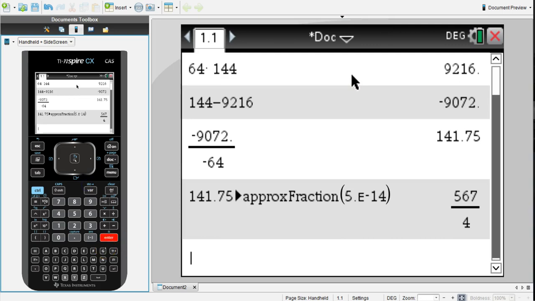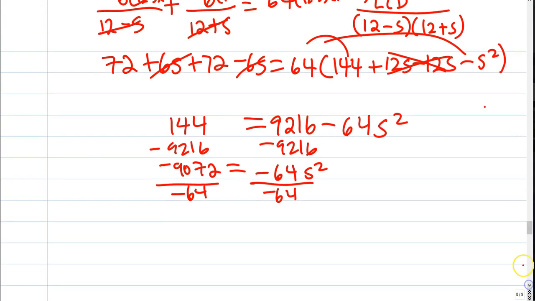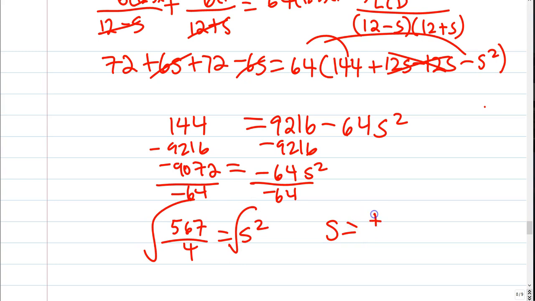So 567 over 4. And then we'd have to square root this sucker and get that s is equal to plus or minus the square root of 567 over the square root of 4, or 2.